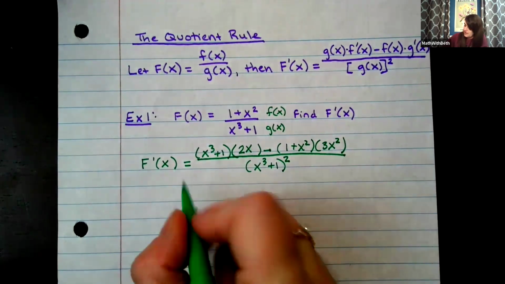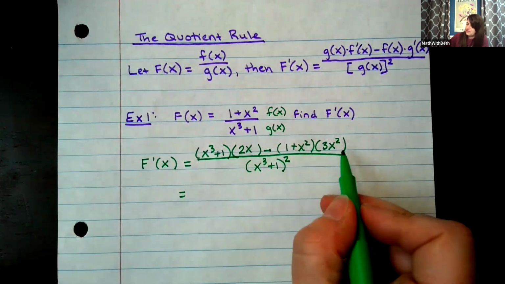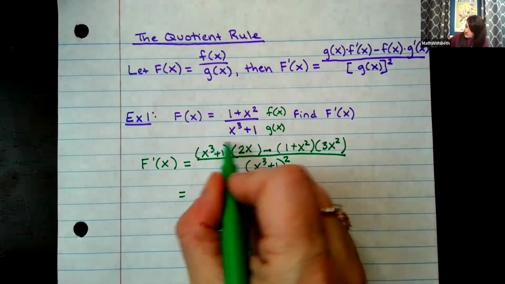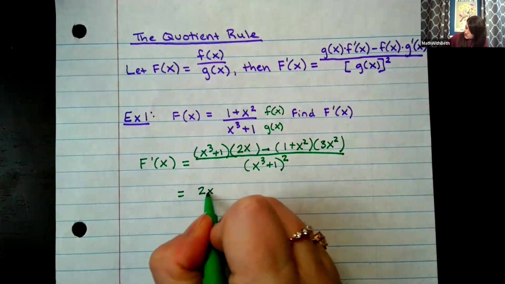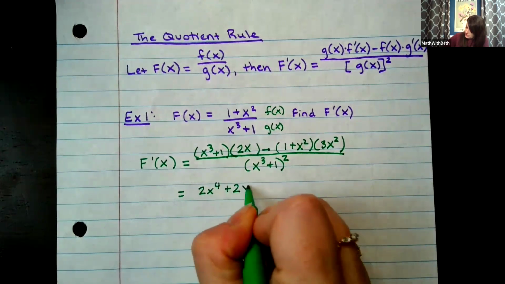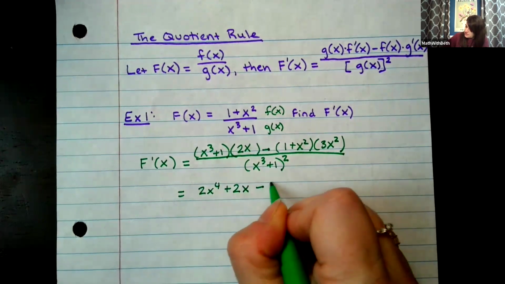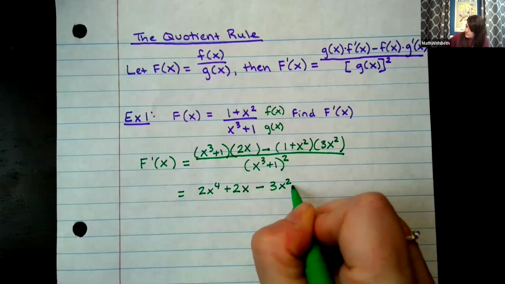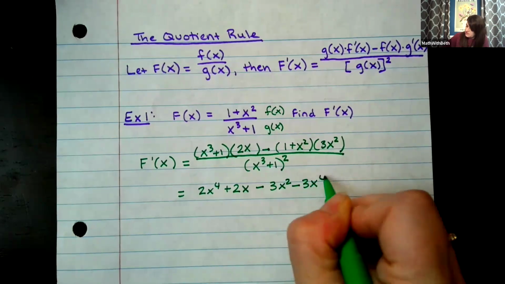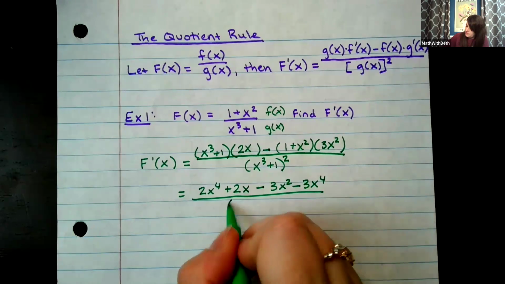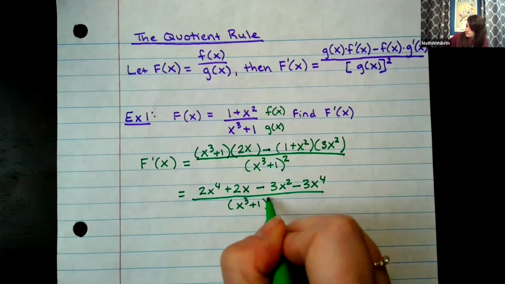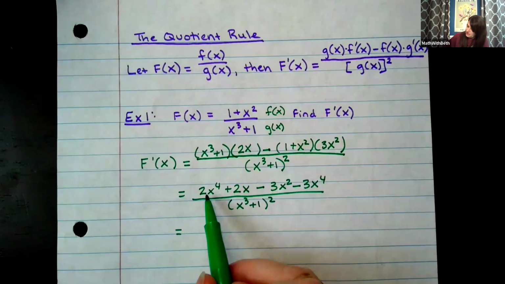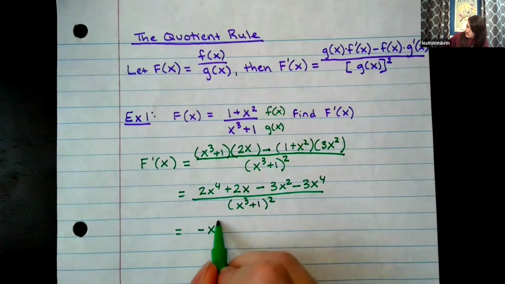So for these, a lot of times the instructor will want you to at least make the top a little nicer. So I can distribute here to get 2x to the fourth plus 2x minus 3x squared minus 3x to the fourth, which I can then go a little bit further.